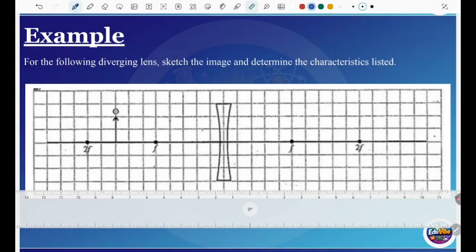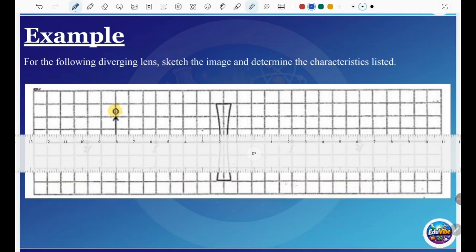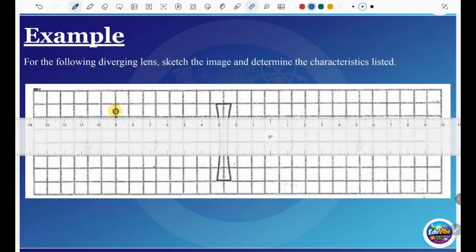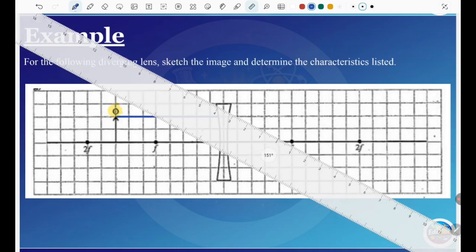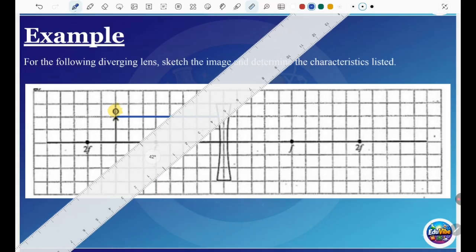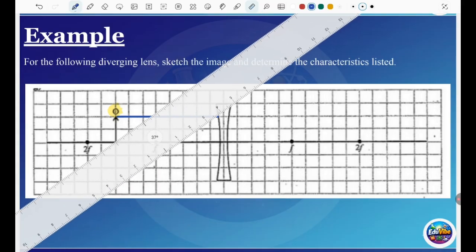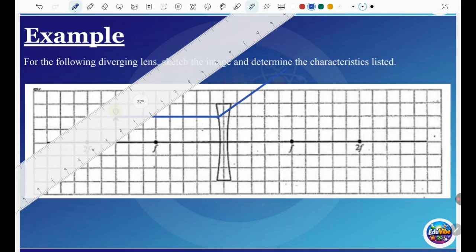We have the object over there, and you have to draw lines from here. Firstly, I will draw the ray parallel to the principal axis and its refraction, so I do that first. This goes like this, and then moves like this.